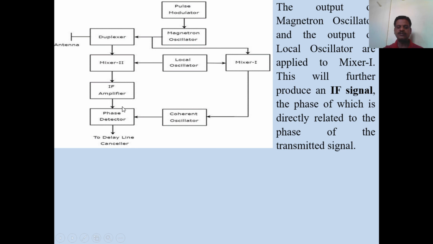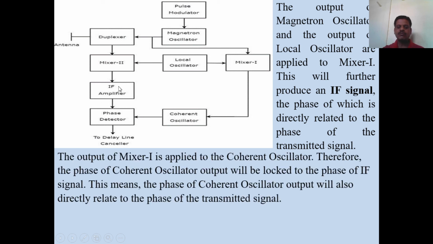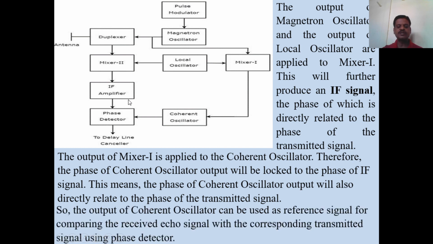Here this is the IF amplifier. The output of mixer 1 is applied to the coherent oscillator. Therefore, the phase of the coherent oscillator output will be locked to the phase of the IF signal.